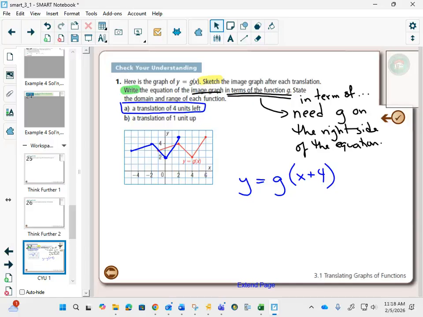So now I've done command number 2. I did the yellow, I've done the green, I read the question again, and it also says state the domain and range, so for the blue one, I need to talk about its domain and range.